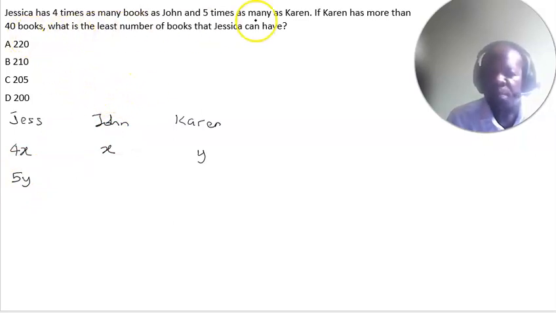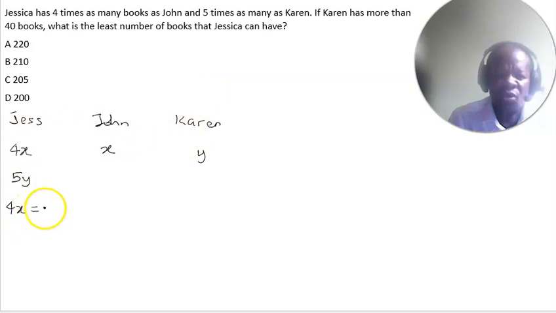Now, before we proceed to the next part of the question, let's resolve what we have here first. So 4x, since it is the same number of books for Jessica, equals 5y. So that means x equals 5y over 4. So the number of books for Jessica is 5y.